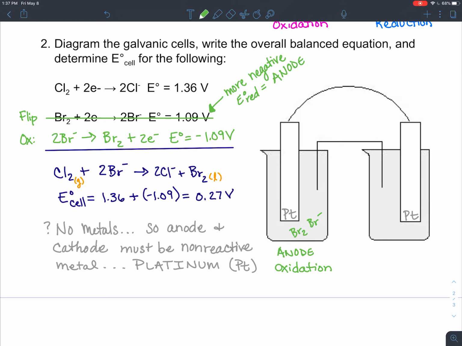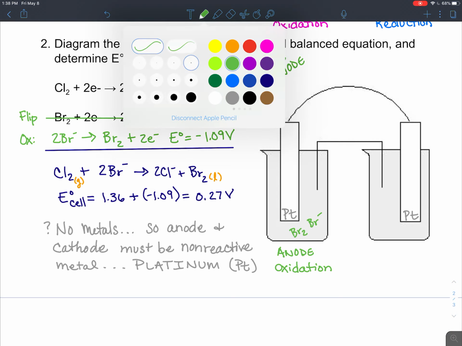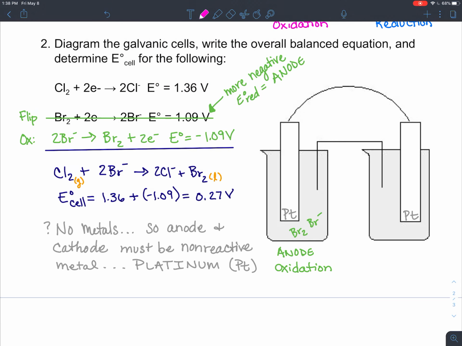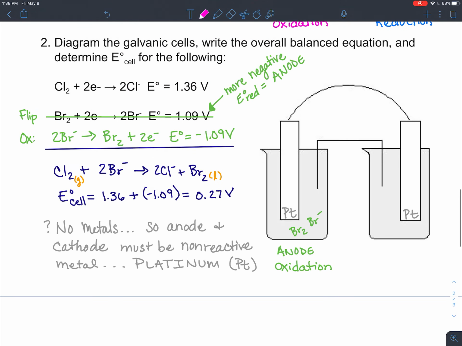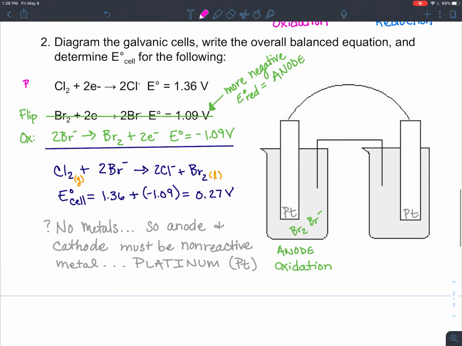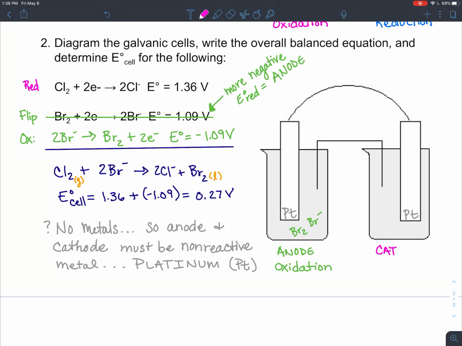Br2 is a liquid, and we're going to have those bromine ions in there as well. The other half of this was the reduction. Okay, the reduction is occurring at the cathode.